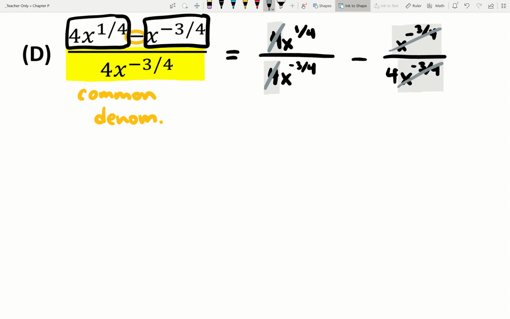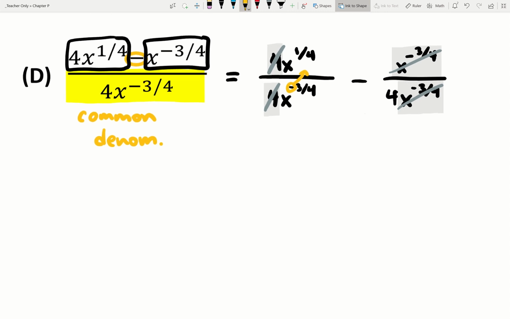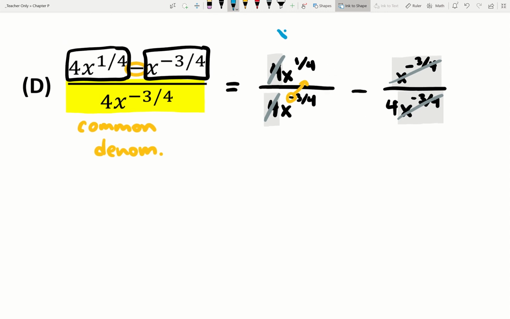All right, and so now what do we have? Well, if you look closely at that first fraction, we do have a negative exponent there. And just remember what negative exponents do. They change the base to the opposite side of the fraction bar. So if what we had already up there was a copy of x to the power of 1/4, now because of that negative exponent, the x to the power of 3/4 migrated up to the top. And remember what happens when you multiply like bases. You add the exponents. So that would be 1/4 plus 3/4.